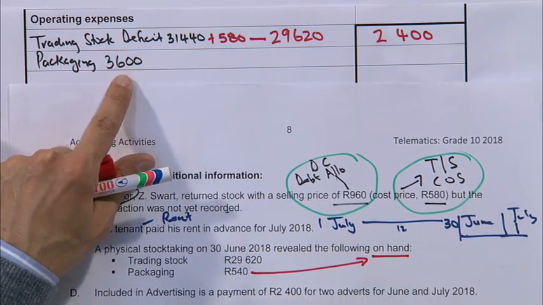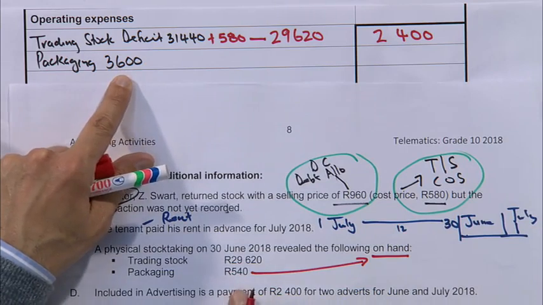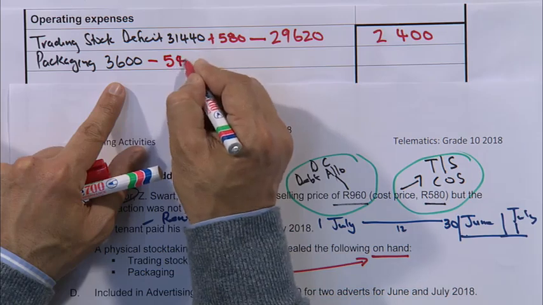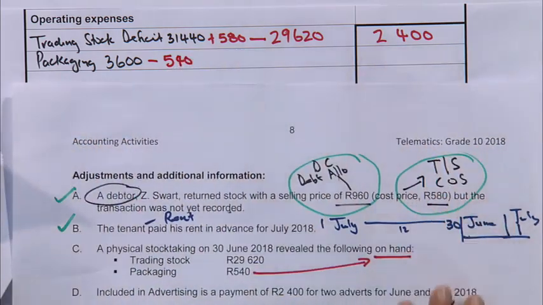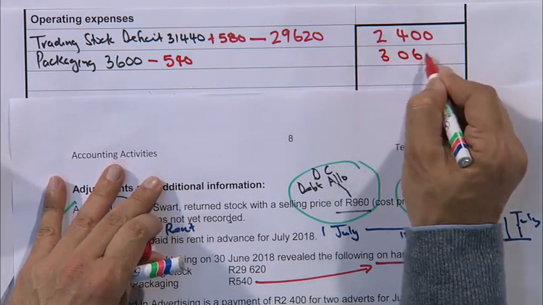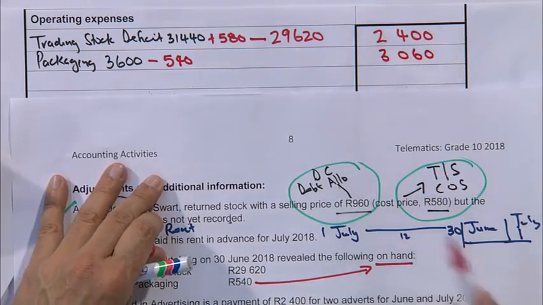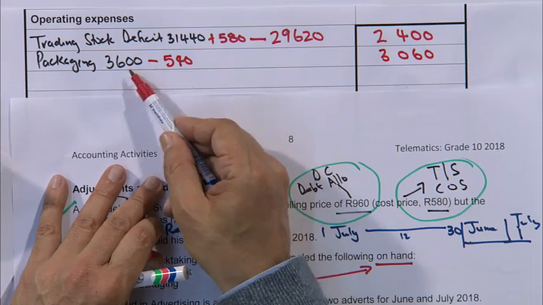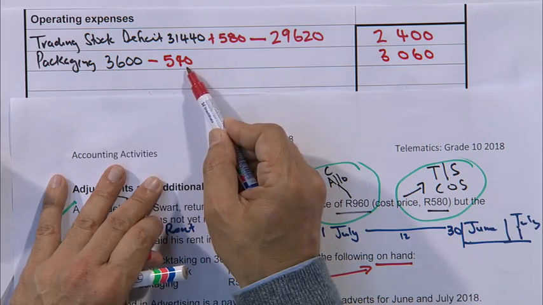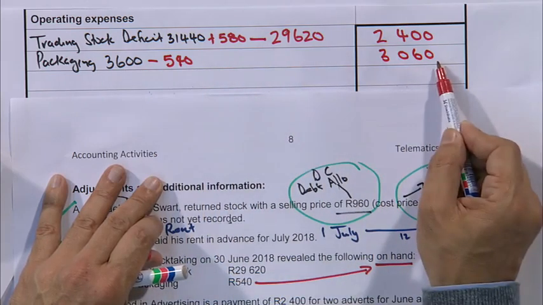If it's 3,600 spent and 540 left, we have to minus the 540 to get the amount of packaging that was used, and that will be 3,060. Okay, which is a fairly easy adjustment. It's just the packaging amount minus the amount that we haven't used, and that is the amount used.